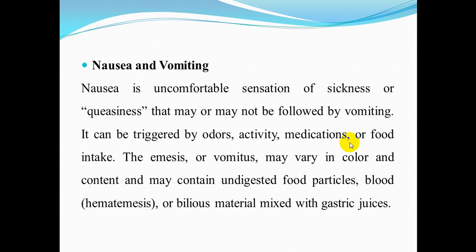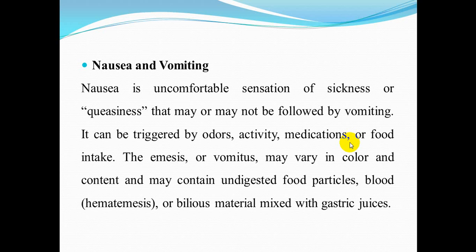Nausea and vomiting. Nausea is an uncomfortable sensation of sickness or queasiness that might or might not be followed by vomiting. حقيقة قد يحدث الvomiting، إما يكون قبل nausea غثيان أو قد لا يحدث. It can be triggered by odors، يحفز بواسطة odors, activities, medication or food intake.